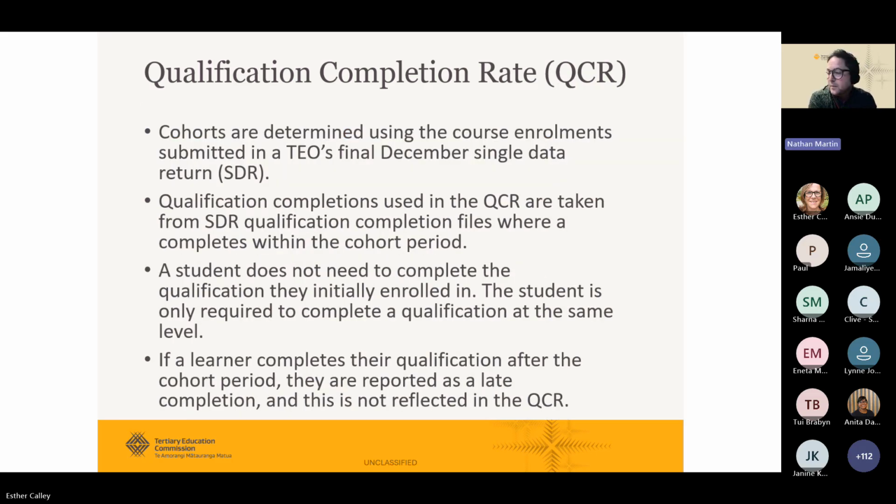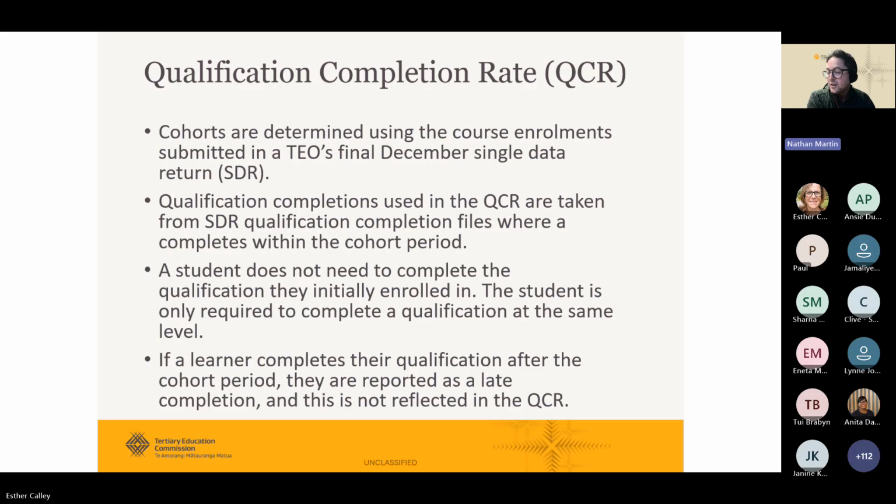This slide covers some key concepts that we will expand on further in the next slides. A learner entering a cohort is based on the SDR enrolment data. Cohorts are created using the course enrolments from the final December SDR submission. Completions come from the SDR qualification file.